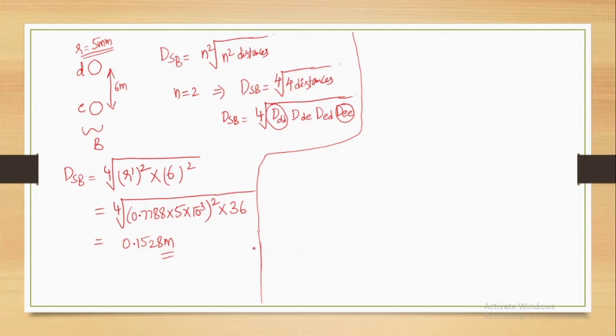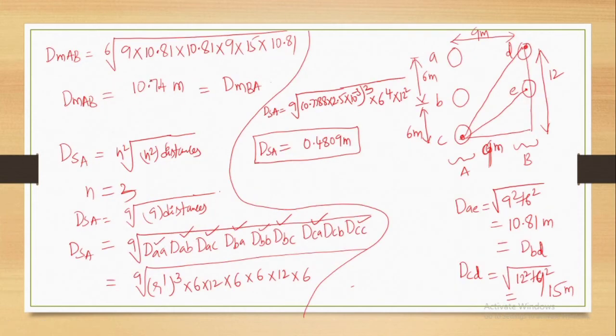Right? Now we got all the things. Let me write all the things here so that it is easy for you to substitute. DMAB is the same as DMBA, meaning GMD taken from A to B is the same as GMD taken from B to A. Is it right? Now what is that value we got? We got that value as 10.74 meter.